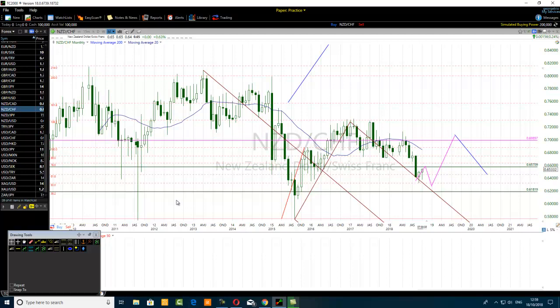So all in all, sometimes it will work nicely. Sometimes all you need to do is just smile. If the price is printing something completely different, you know that, all right, they're not playing the game today. Sometimes they will play nicely with you, and you'll be smiling and say, well, this is powerful stuff, and it is powerful indeed.